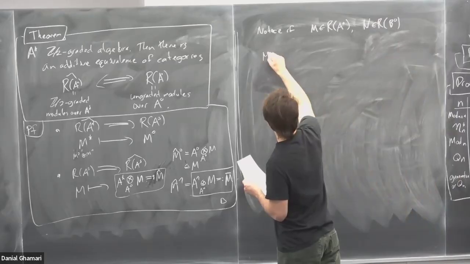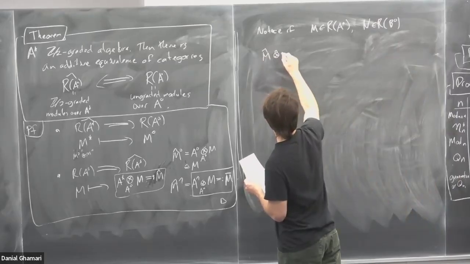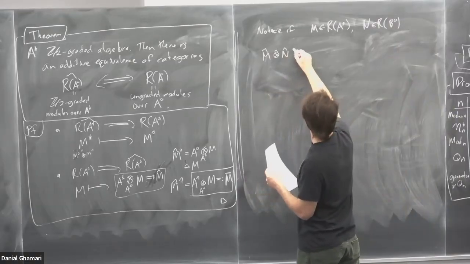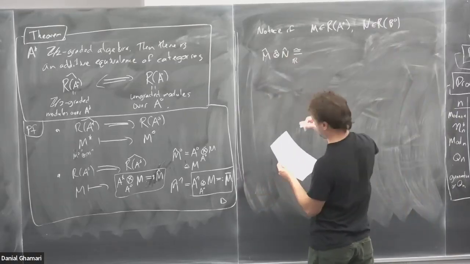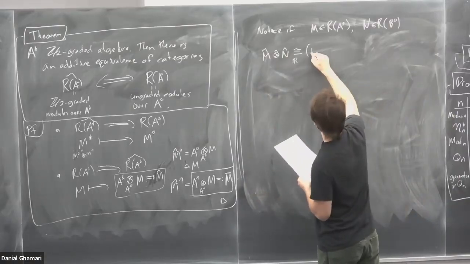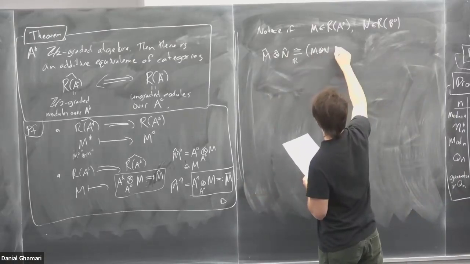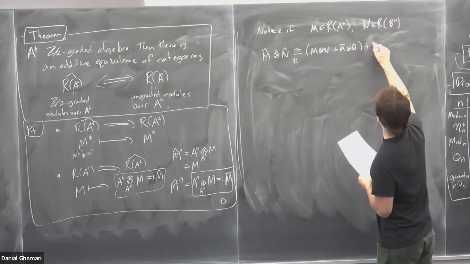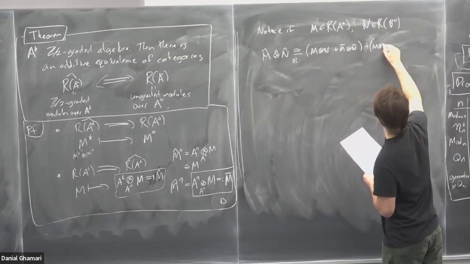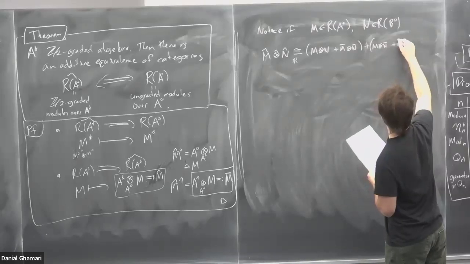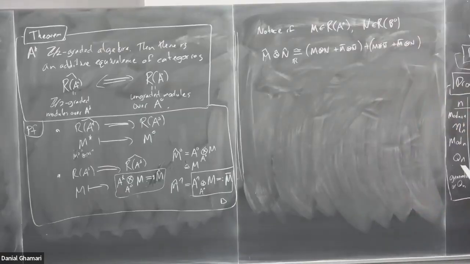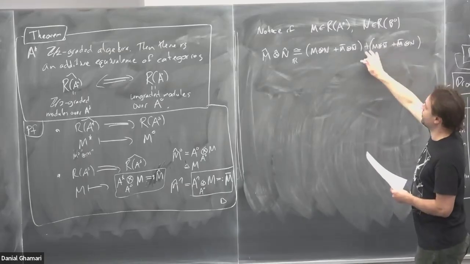So if we take M hat, we take the Z2 graded tensor product with N hat, then it's isomorphic as a real vector space to M tensor N plus M bar tensor N bar, plus M tensor N bar plus M bar tensor N. I'm just using the distributive rule for tensor product over direct sum.